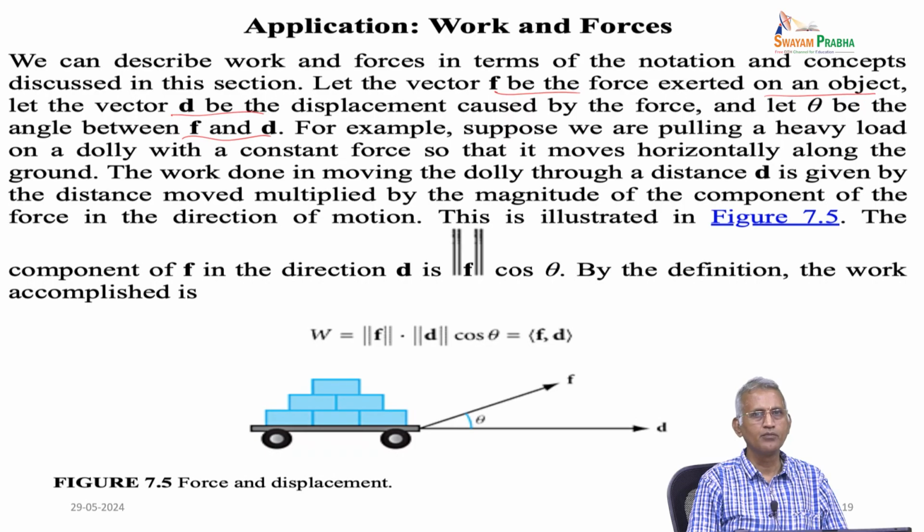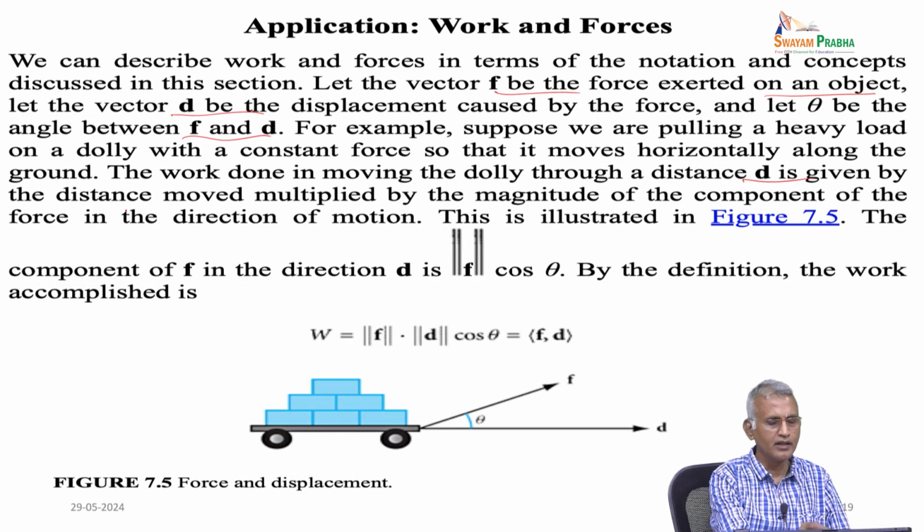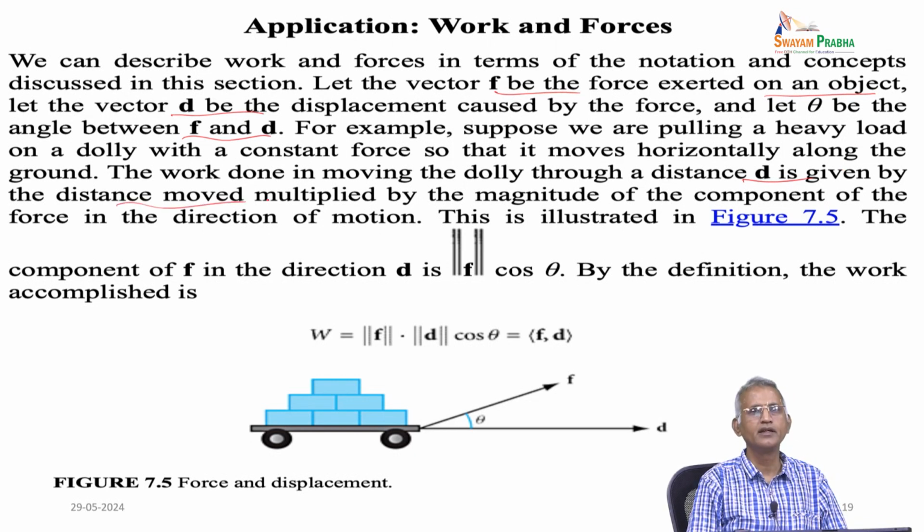The work done in moving the dolly through the distance d is given by the distance moved multiplied by the magnitude of the component of the force in the direction of the motion. As demonstrated in figure 7.5, the component of F in the direction of d is norm F into cos theta.